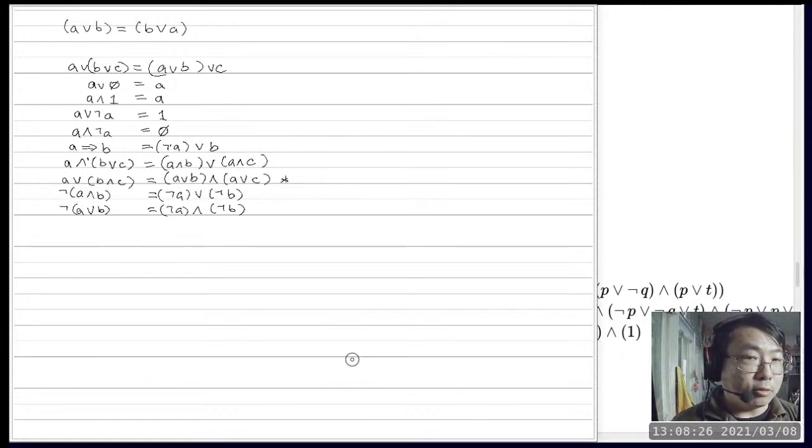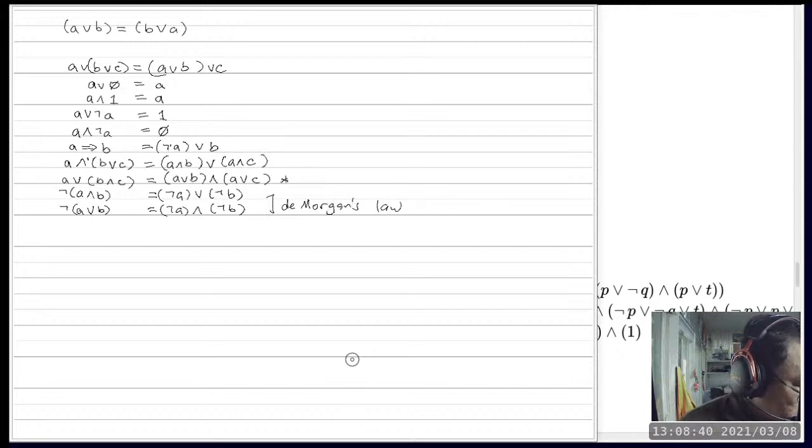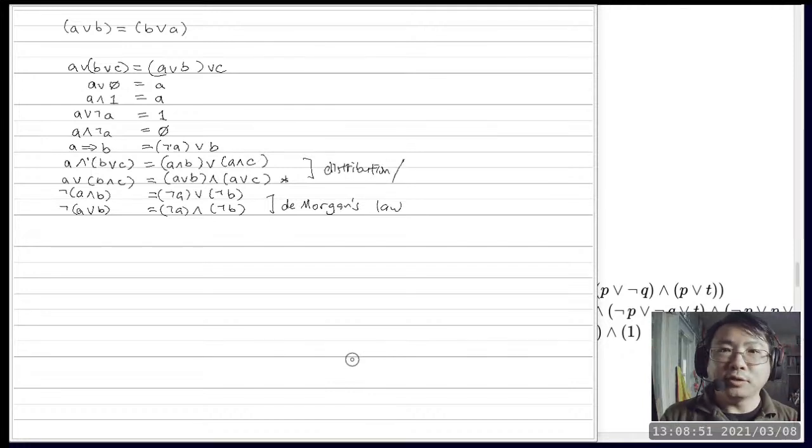Do we have any questions about all of this stuff? These two are called De Morgan's law, and these two are distribution. Looking at it from left to right, they are known as distribution.